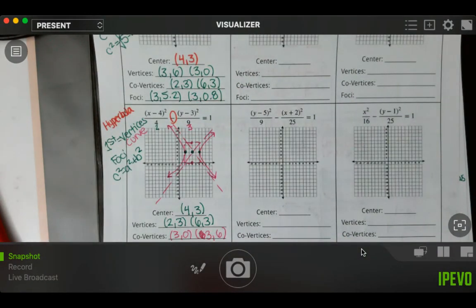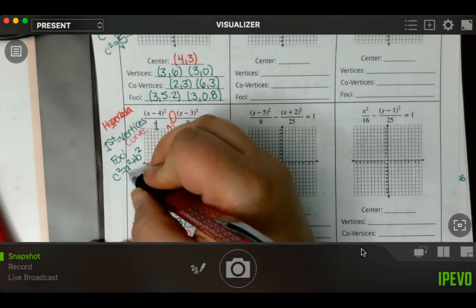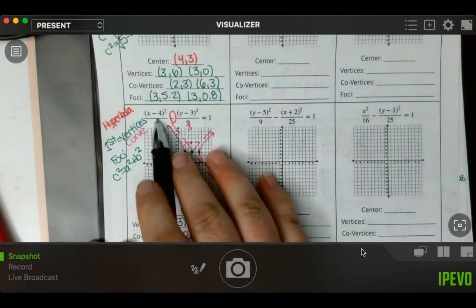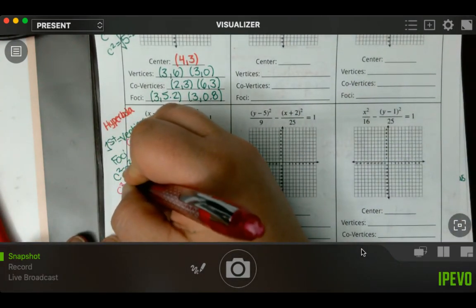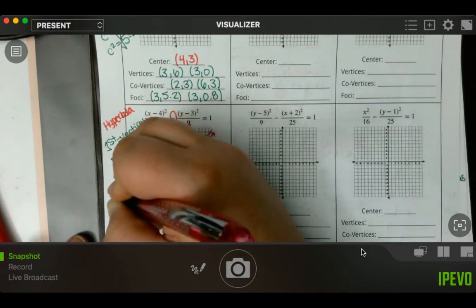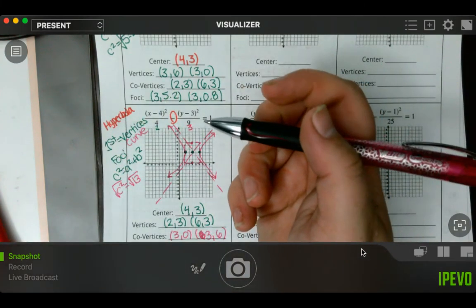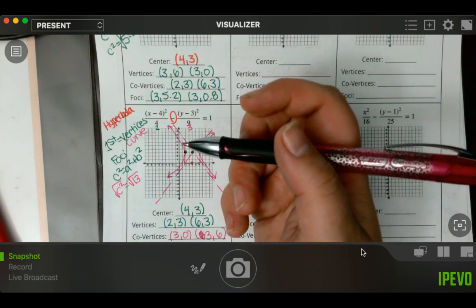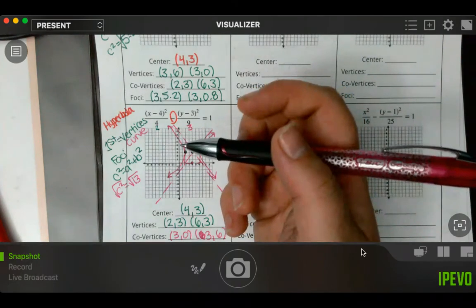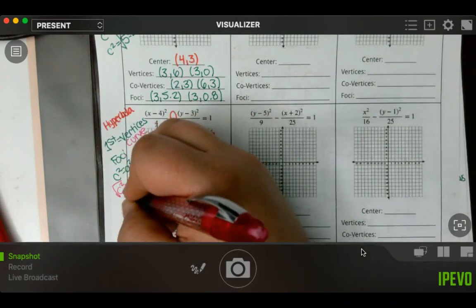Then, for my foci, instead of subtracting them like I did on the ellipse, I have to do a squared plus b squared. So 4 plus 9, which is 13. And then I do the square root of 13, which is 3.6.